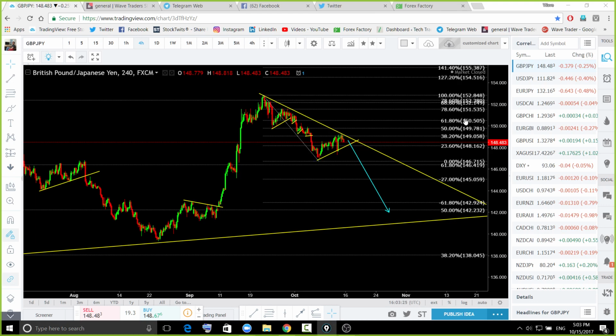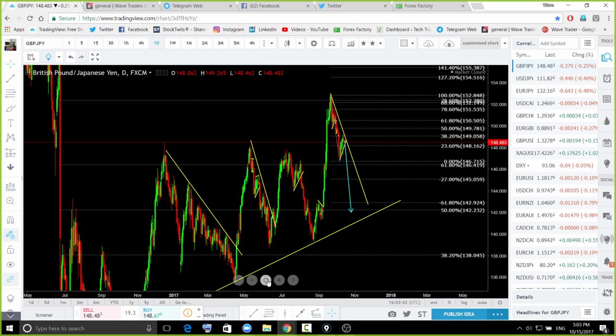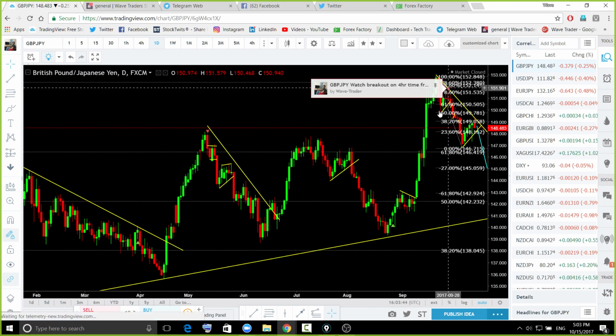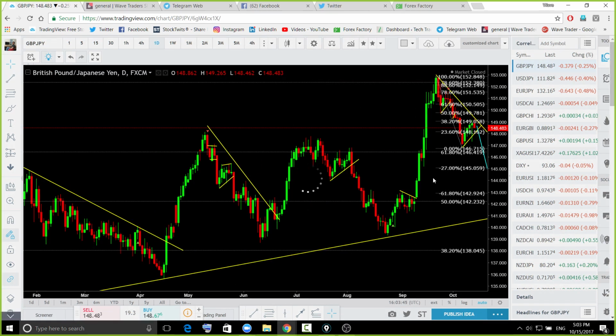So far, I don't see that this pair is going to do something like that, because the bigger structure, I mean the weekly formation, is telling us that this is the bigger correction and it should continue to the downside. So the start is pretty good. If you remember, we were selling from the top and waiting for this pair to form a pullback last week.